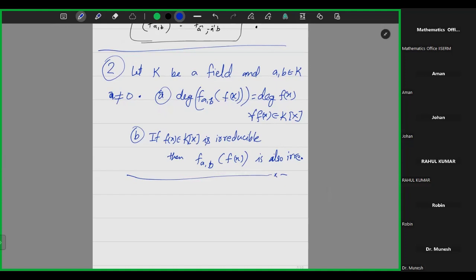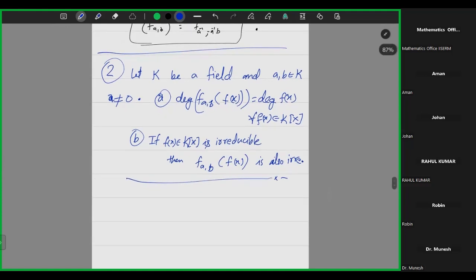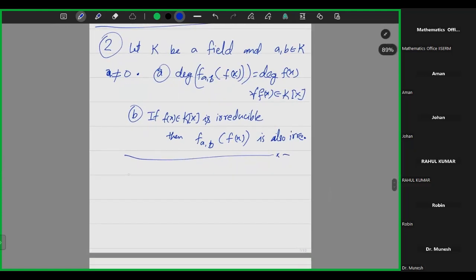So, what is degree of Fx? If Fx is the polynomial, let's say A0, A1x, and so on, An x power n, the degree is the largest n such that An is non-zero.